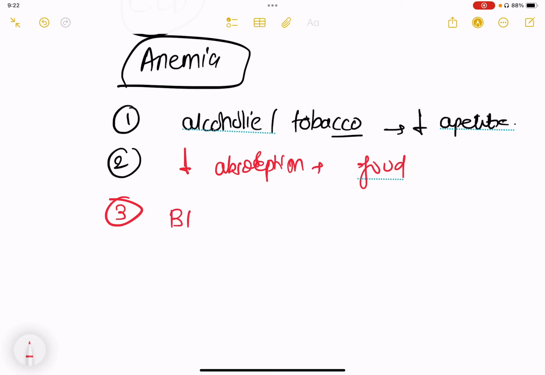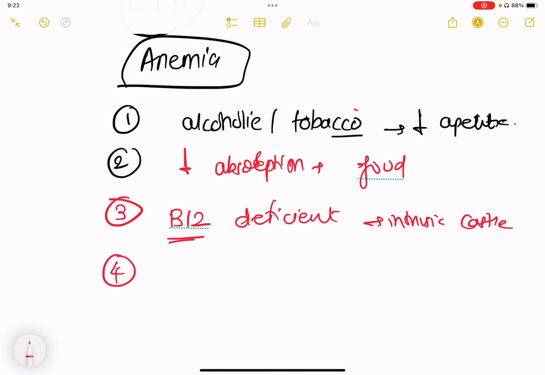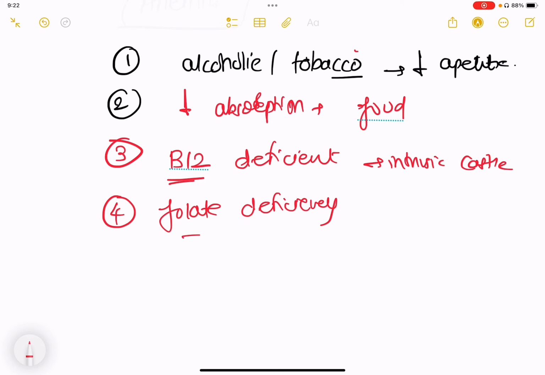For example, deficiency of vitamin B12 is extremely common in CLD. That can be because of alcoholism, tobacco, or because of a defect in the intrinsic factor of Castle, which is very much evident in CLD. The other reason is folate deficiency, because we know that for the synthesis of RBC we definitely need vitamin B12 and folic acid.